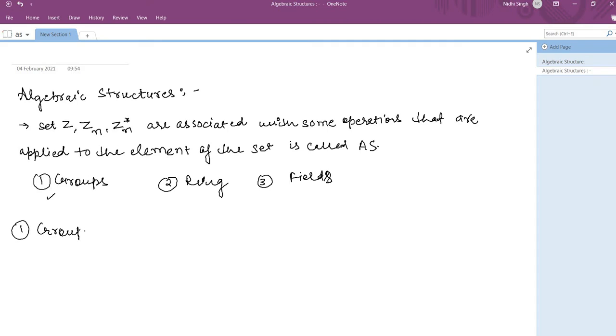So the first one is groups. What is a group basically? A group is denoted by capital G. Let me write the definition first.